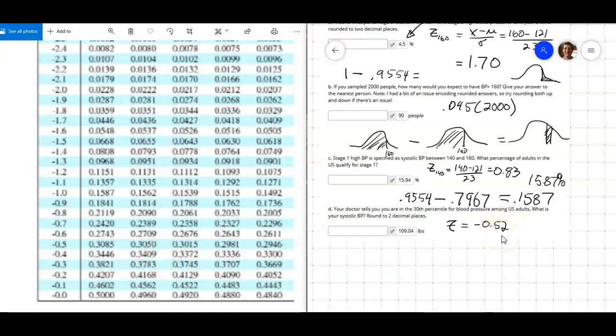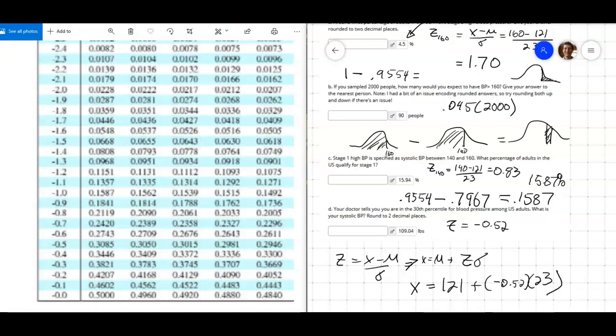Now from z equals x minus mu over sigma, we can solve for x, multiplying by sigma, adding mu: x equals mu plus z sigma. So in this problem, the score would be mu, 121, plus the z-score, negative 0.52, times sigma, 23.